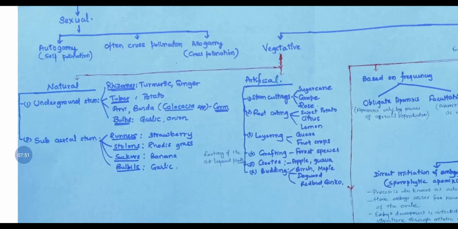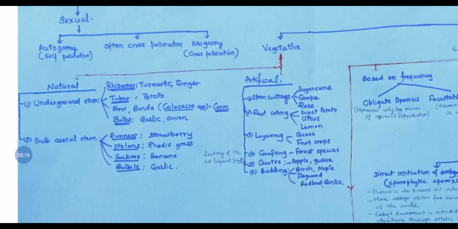Subaerial stem is observed as runners in strawberry, stolons in rhodis grass, suckers in banana, and bulbils in garlic. Along with this, roots are also the propagating material in many vegetables, like swollen root in beetroot, arrowroot, and like that.